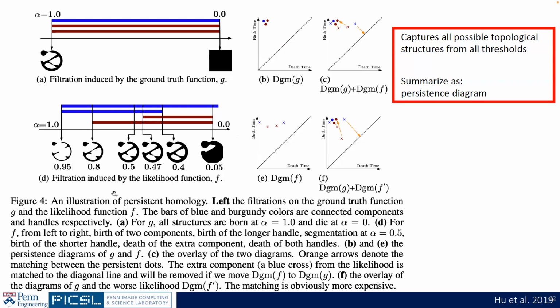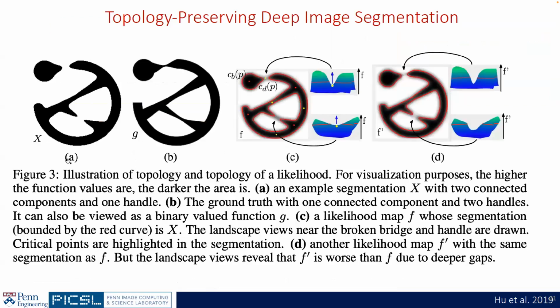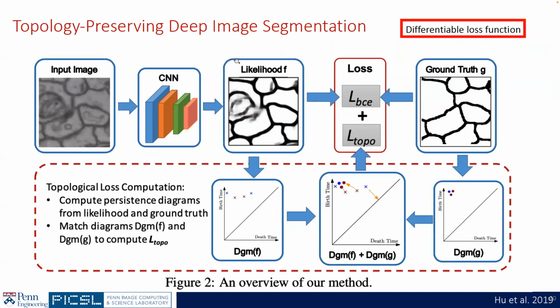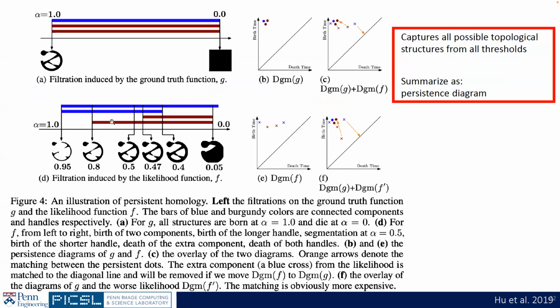At alpha 0.95, I get this particular structure. If I threshold f at 0.8, I get something like this. And 0.5, and so on till 0.05.